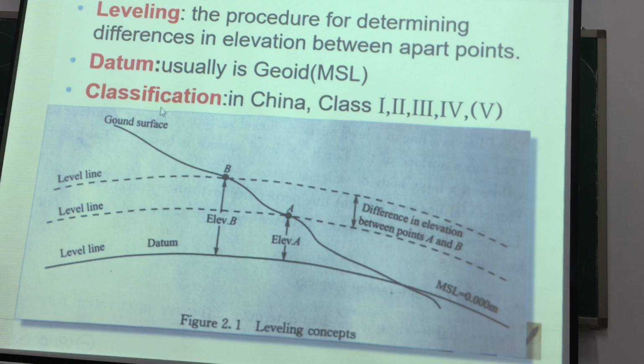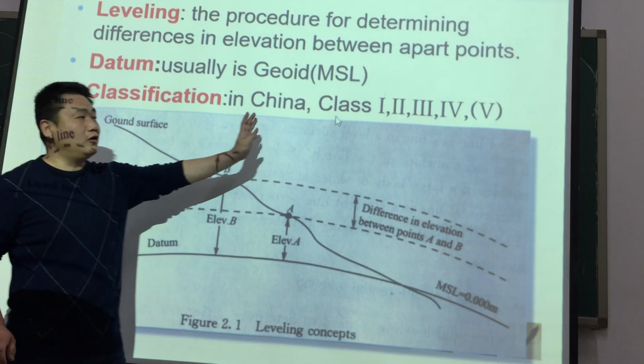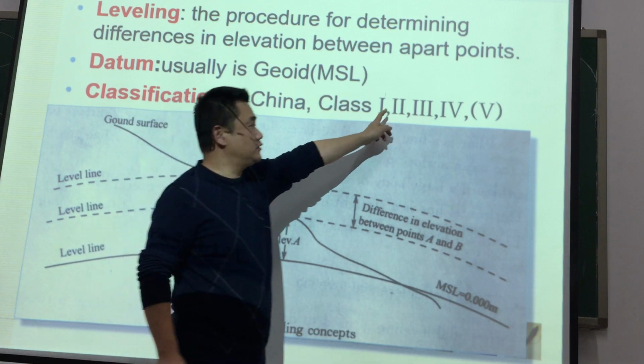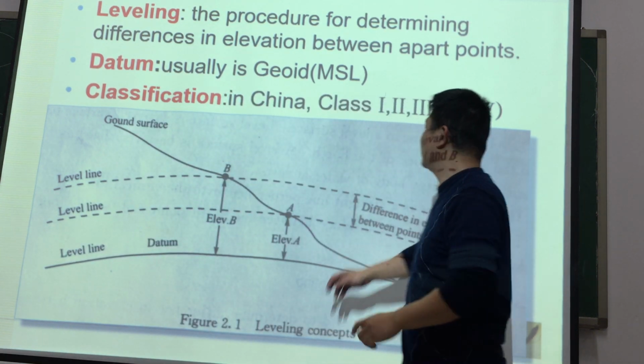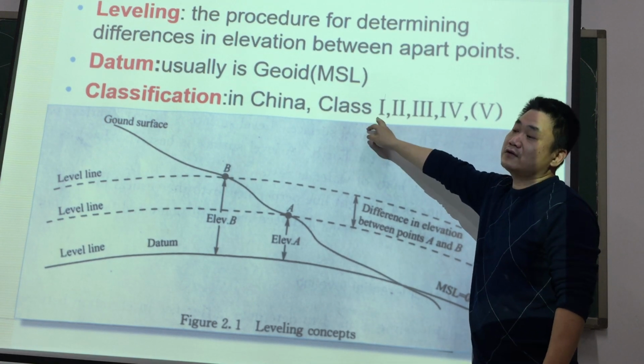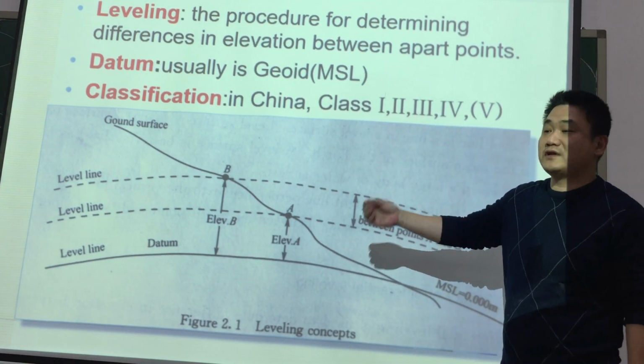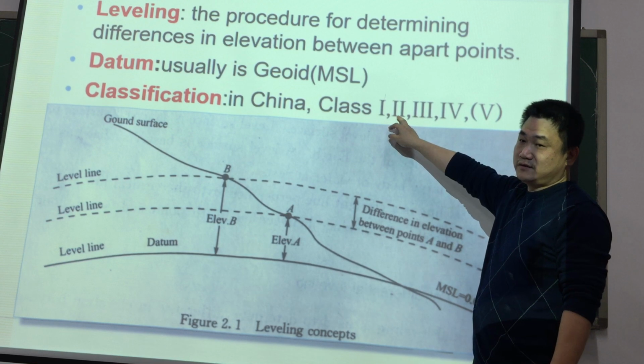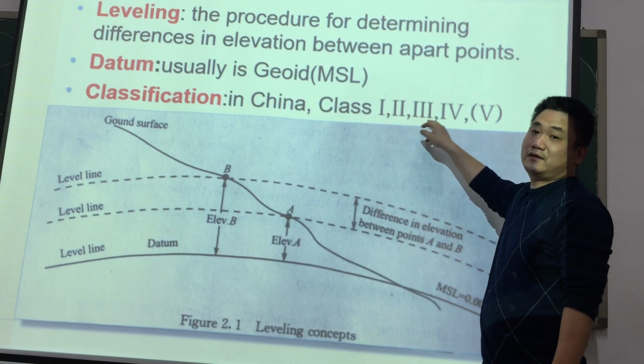Okay, the classification in China: leveling is classified into 4 classes, or we can say 4 orders. 1, 2, 3, 4. The first order, or first class, is more precise than the second, and then third, and then fourth.